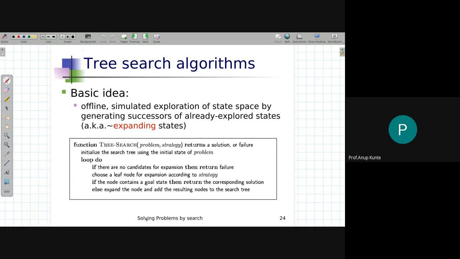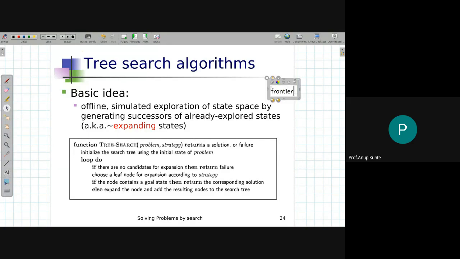So first line is like a stopping criteria for the loop, and this is like an infinite loop that you will throughout do, and there are certain conditions in the loop that will make the loop stop. So return failure will return the control back out of the loop. Next step is choose the leaf node for the expansion according to the strategy. So we talked about yesterday something called frontier.